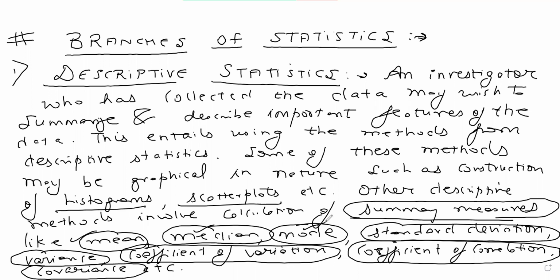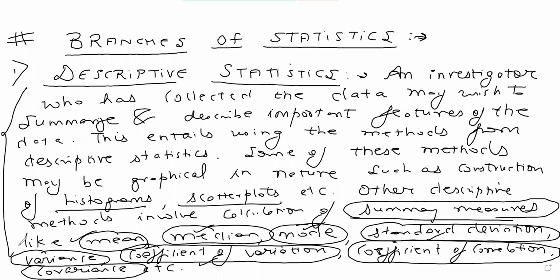I haven't mentioned them, but we will be doing them as well. Quartiles, deciles, percentiles, standard deviation, coefficient of variation, etc. So this is all what descriptive statistics is going to deal with. And in my coming lectures, I'll be talking more about all this in depth.